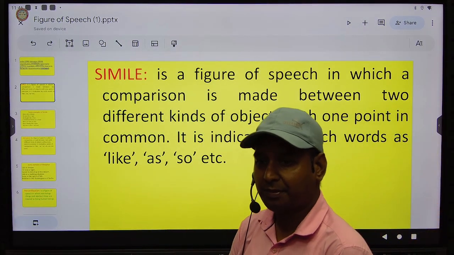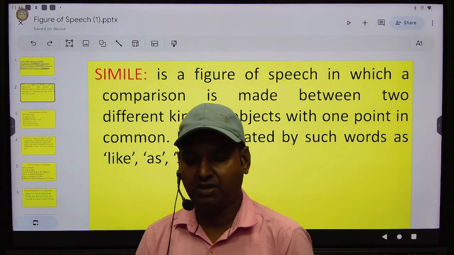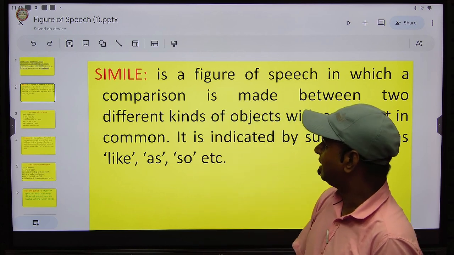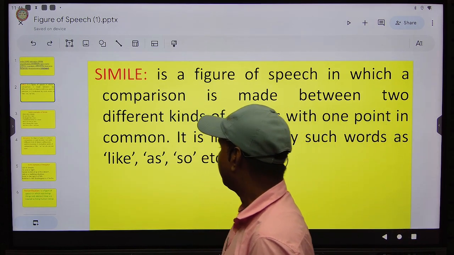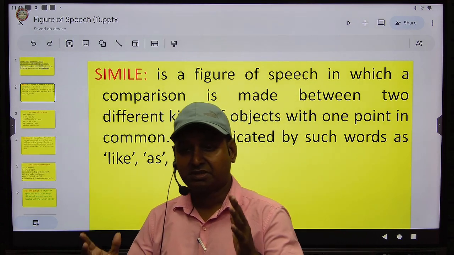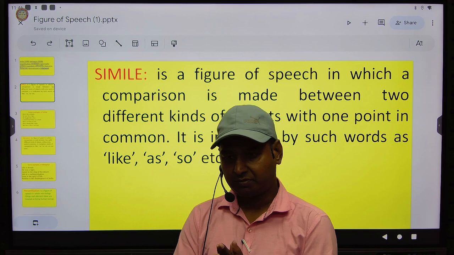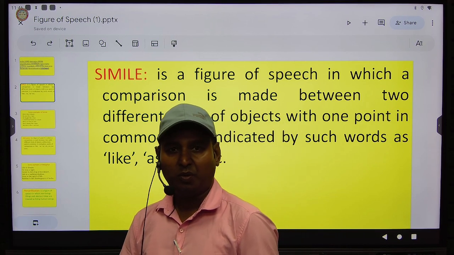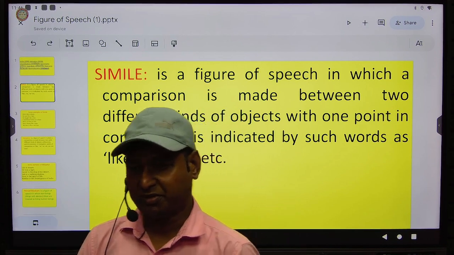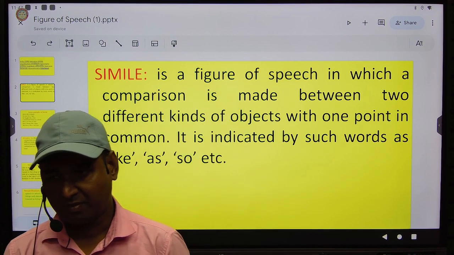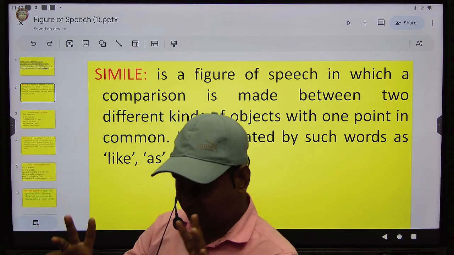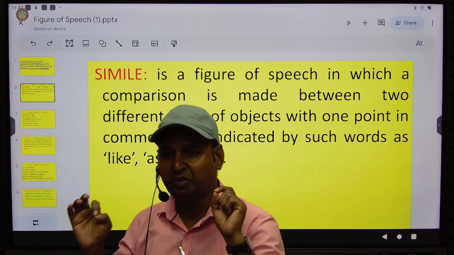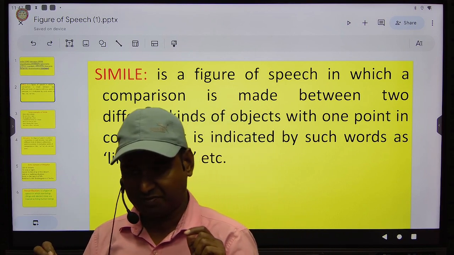So first I am going to focus on simile, that is called upma. Simile is a figure of speech in which we compare two things of different nature and comparison words are used.